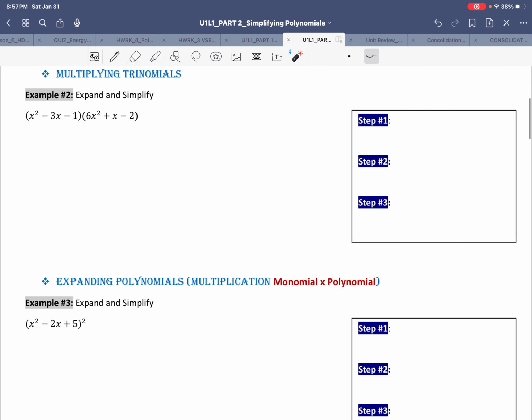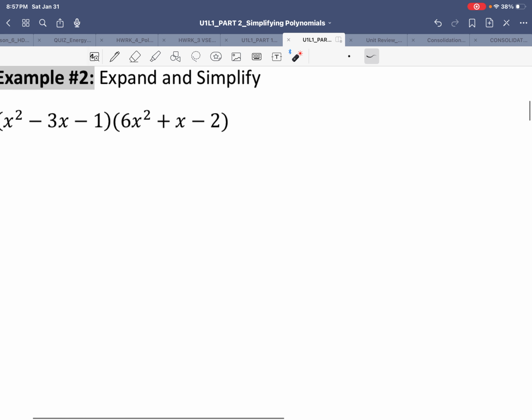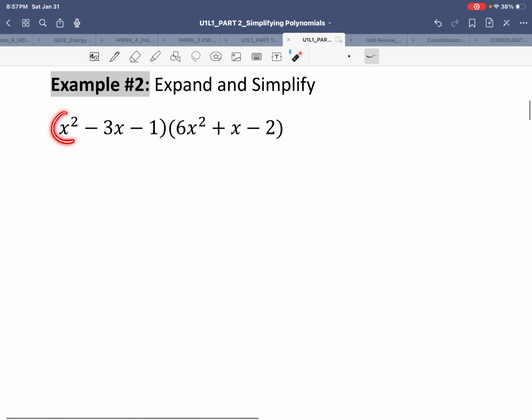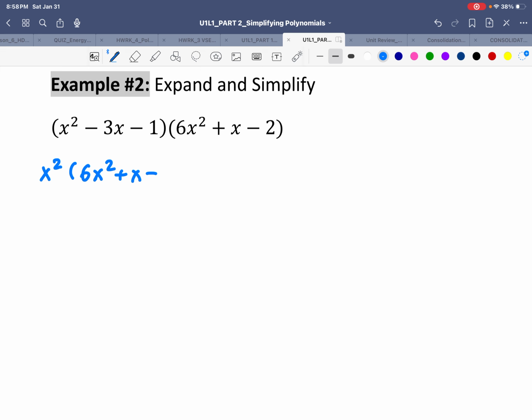So we're going to continue with this example where we are multiplying two trinomials. It doesn't really make sense to say FOIL here because we don't have just 4 multiplications to perform, but we have more. But in principle, we do the same thing. We take the first term and multiply it with every term in the next trinomial. So x squared will multiply 6x squared plus x minus 2.